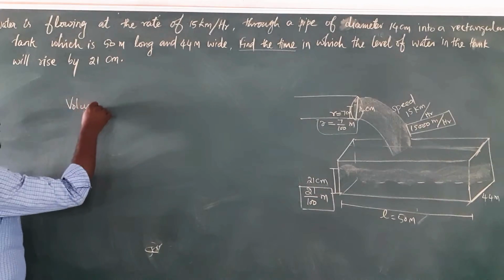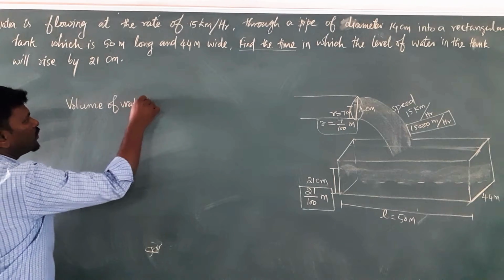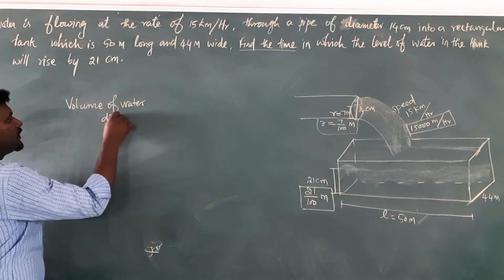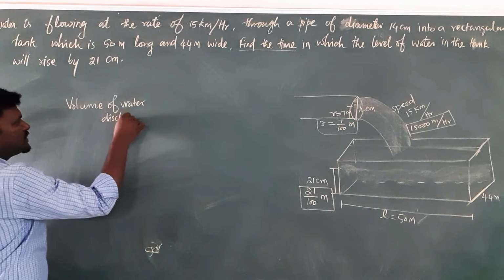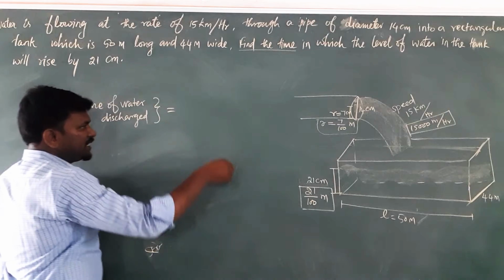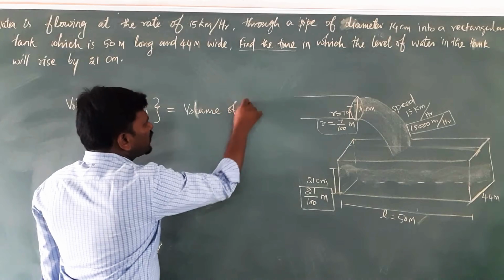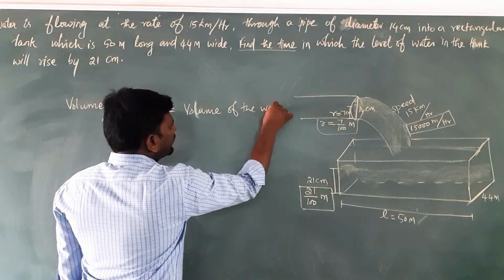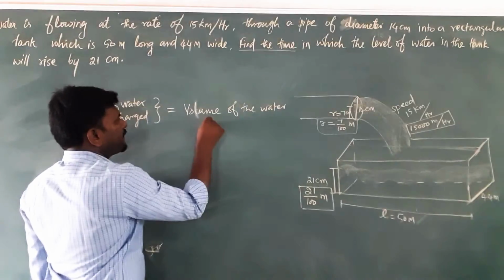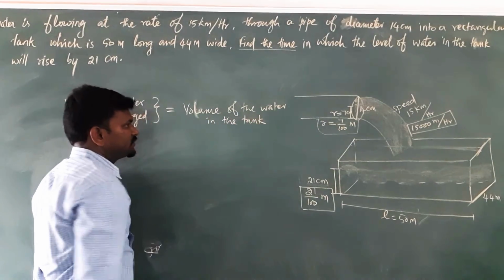So here the volume of water discharged from the pipe will be equal to the volume of the water in the tank.